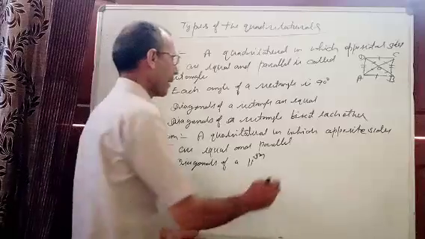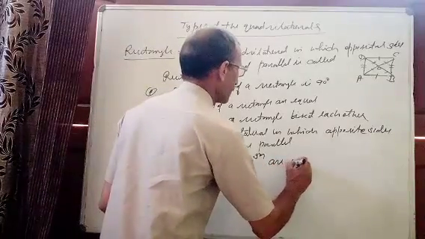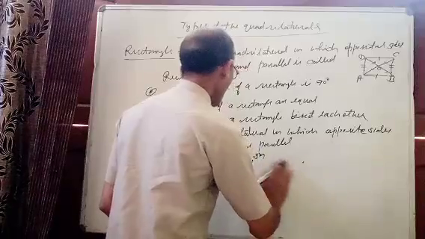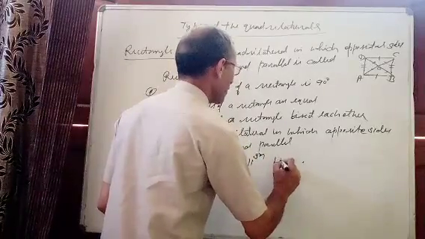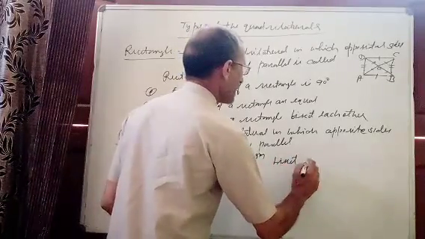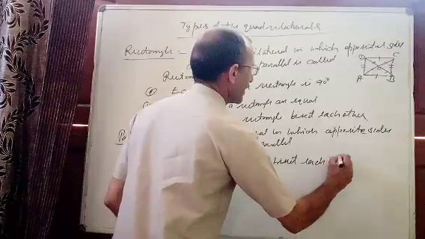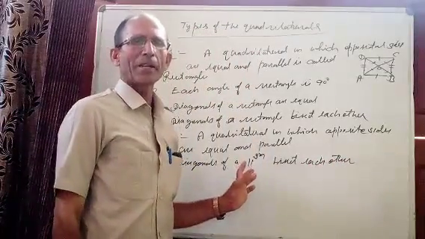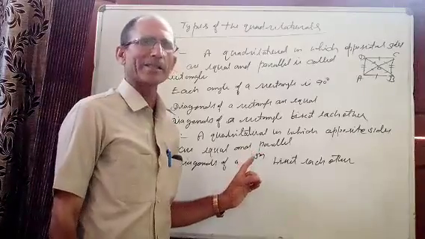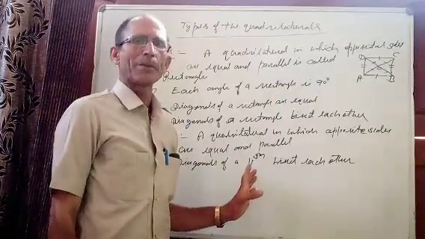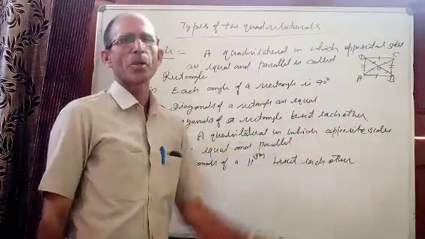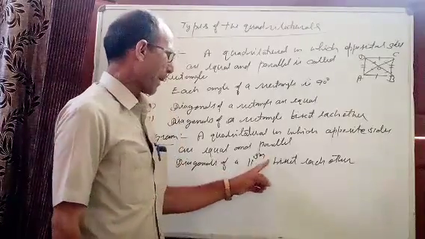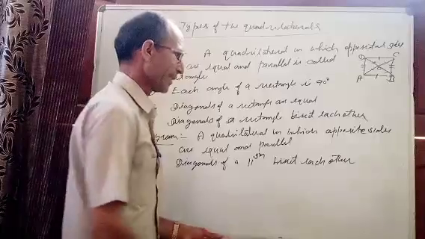Sorry, diagonals of a parallelogram bisect each other, not equal. In a rectangle, diagonals are equal, but in a parallelogram, this is not necessary. Diagonals of a parallelogram bisect each other.